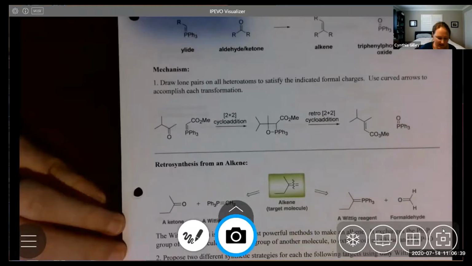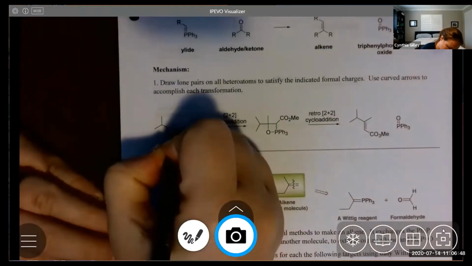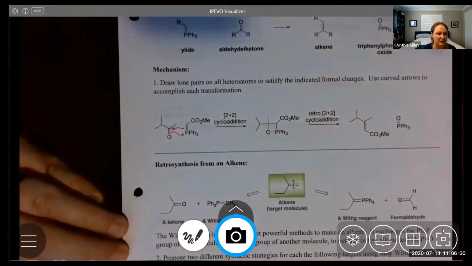For the mechanism of the reaction, we can draw a 2+2 reaction. We can show the electrons shifting, forming the two new sigma bonds simultaneously from the two pi bonds.